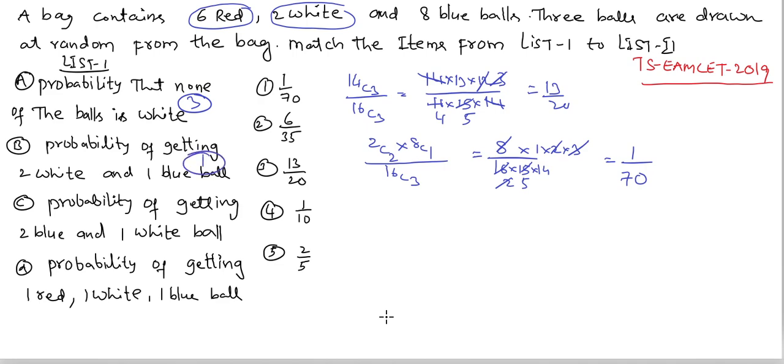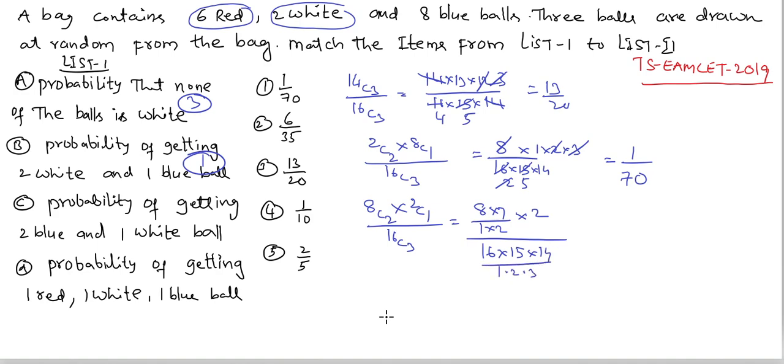And third question, probability of getting 2 blue and 1 white ball. 2 blue balls means 8C2 into 1 white ball, that is 2C1 by 16C3, that is 8 into 7 by 1 into 2, into 2, by 16 into 15 into 14 by 1 into 2 into 3.